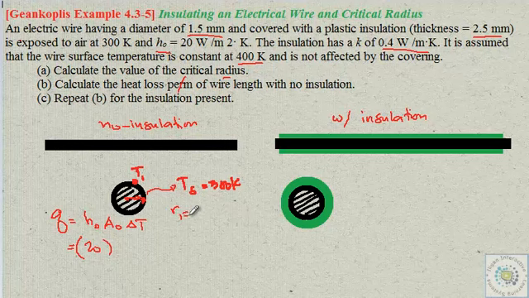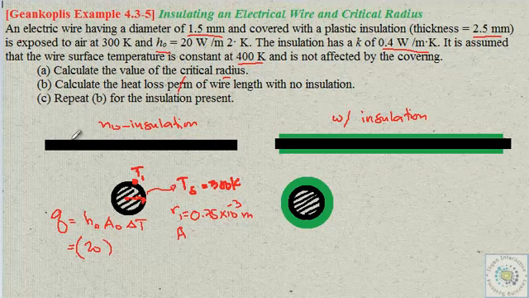R1 in this case is just, the wire has a diameter of 1.5 mm, so half of that is 1.5 over 2 mm, converted to meters. Essentially R1 is equal to 0.75 times 10 to the negative 3 meters.